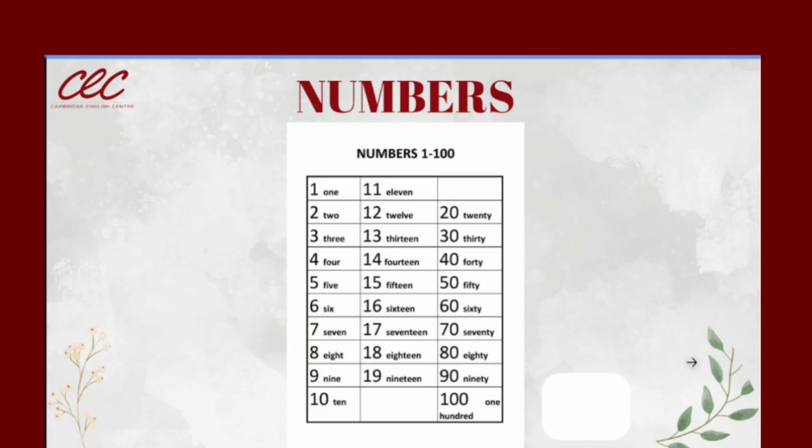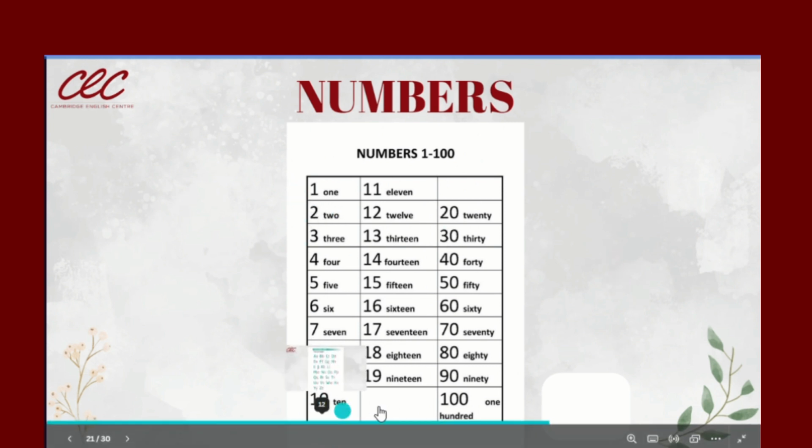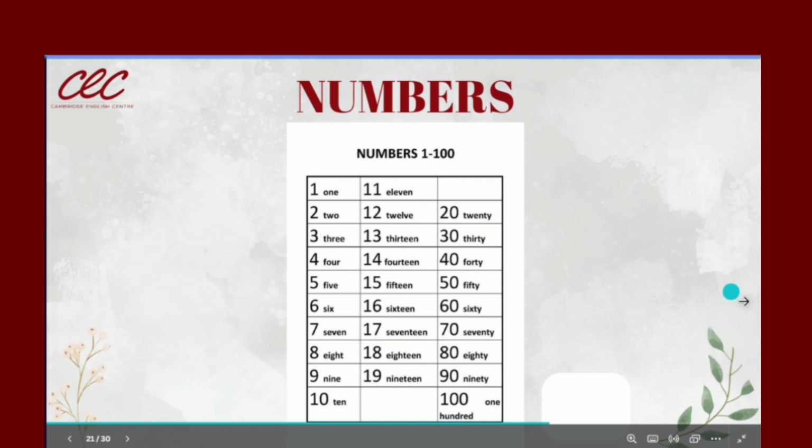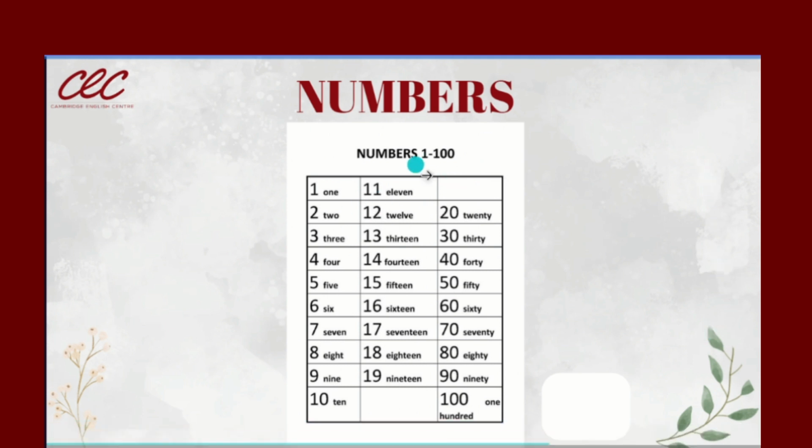We have some vocabulary here about the numbers, okay? So, we've been working on the numbers from 1 to 10. Now, we need to add more vocabulary and we are going to cover from 11 to 100. So, we have 11, 12, 13, 14, 15, 16, 17, 18, 19.